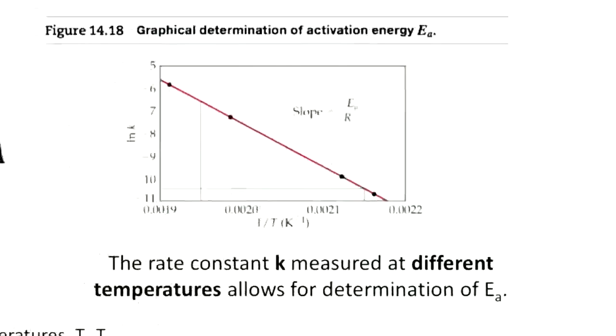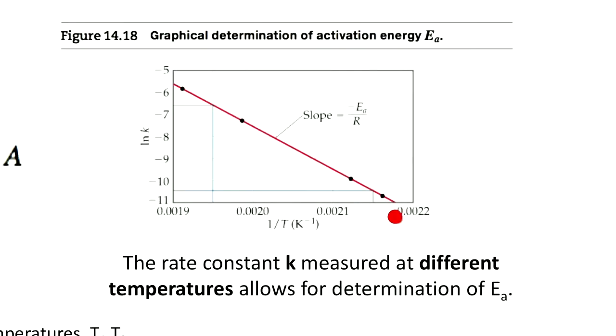So graphically, in this graph you see there's 4 different data points, 1, 2, 3, 4. So this scientist did the same reaction at 4 different temperatures, and what they graphed is the natural log of the rate constant at that temperature, and on the x-axis they graphed 1 over that temperature. And what they see is a straight line.